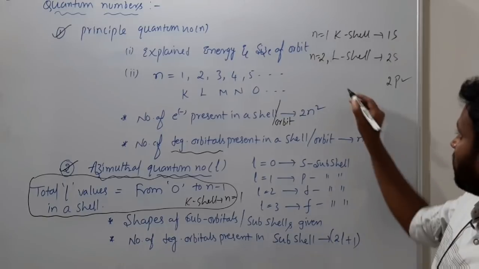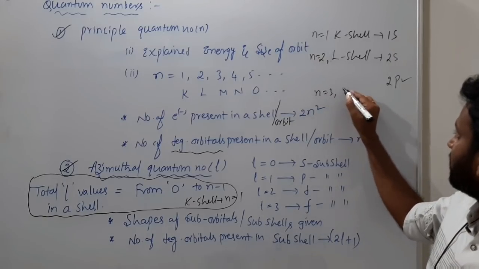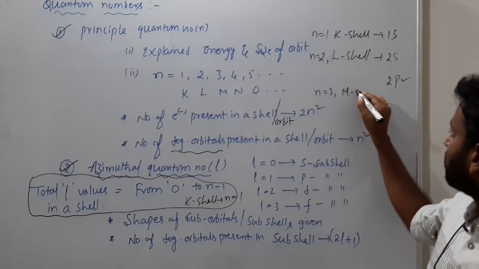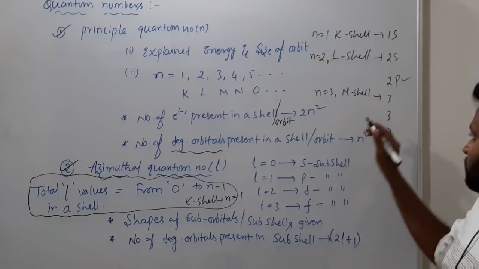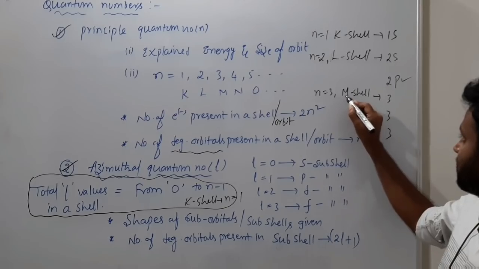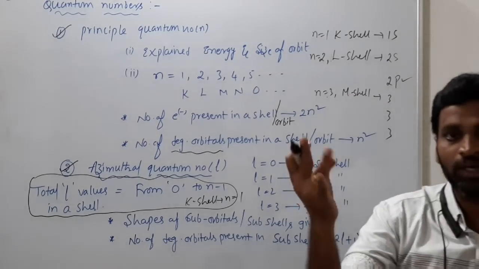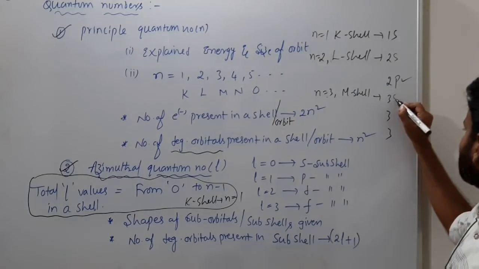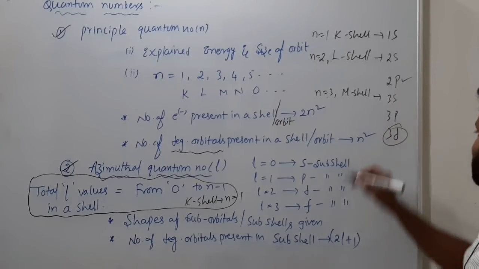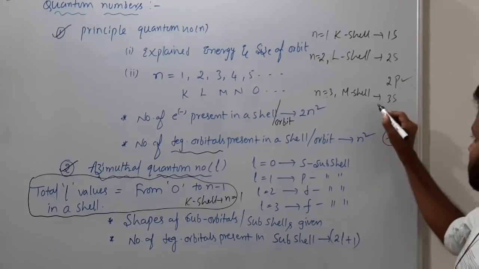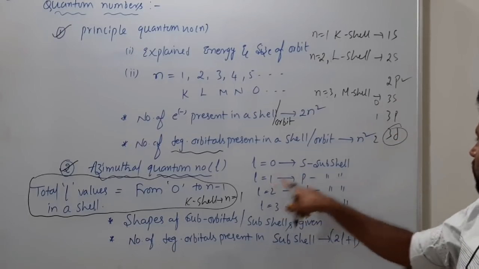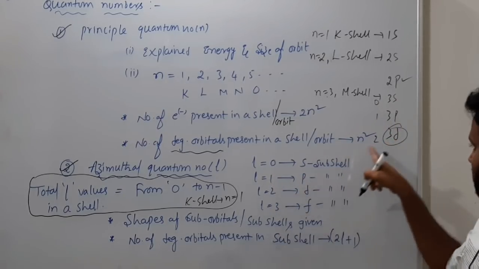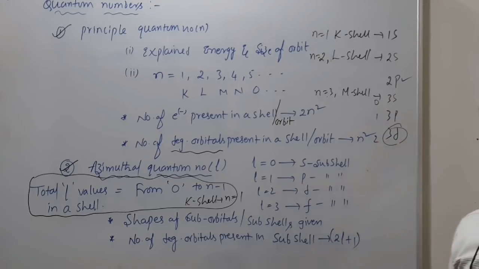Now n equals 3. The shells are K, L, M, and the M shell means n value 3, with l values 0, 1, 2. So 3s, 3p, 3d. 3d is new here, because 0 means s subshell, 1 means p subshell, 2 means d subshell.